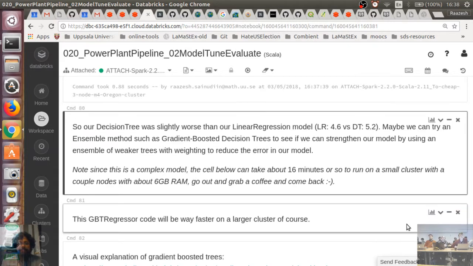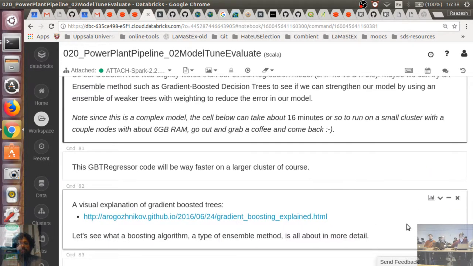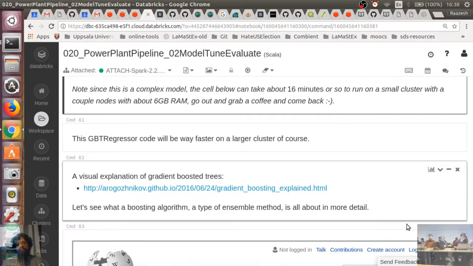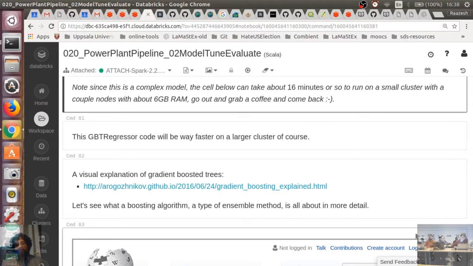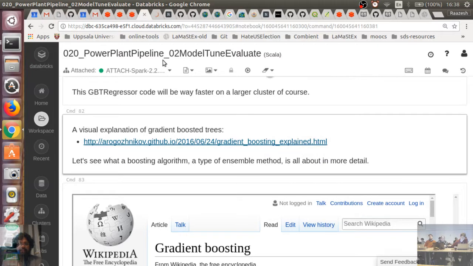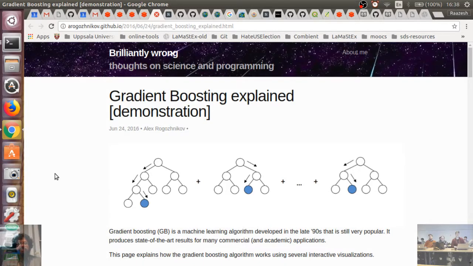But I think the cell below, at least on a community edition, will take 16 minutes because there's a lot going on. So we can kind of get into it. I highly recommend this link. I don't know if it still works. It's a very, very nice explanation of gradient boosted decision trees.